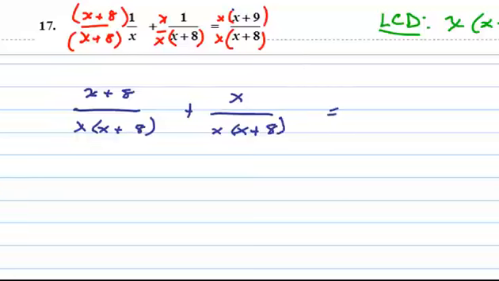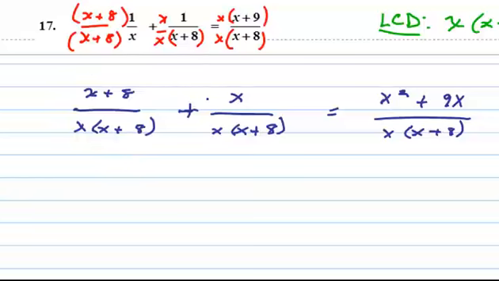And in this last term, we get x squared plus 9x over x times x plus 8. Now, I want to be clear on the graded homework. Don't use this method. I was very clear about what I wanted. But on an exam, if you did go this route, you can still deal with it.